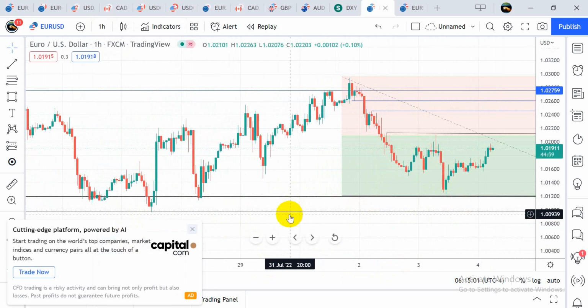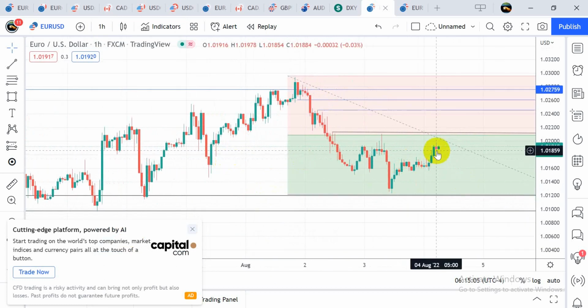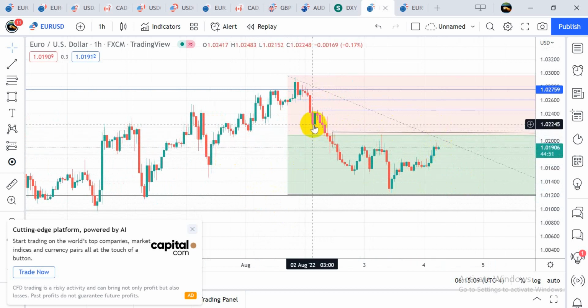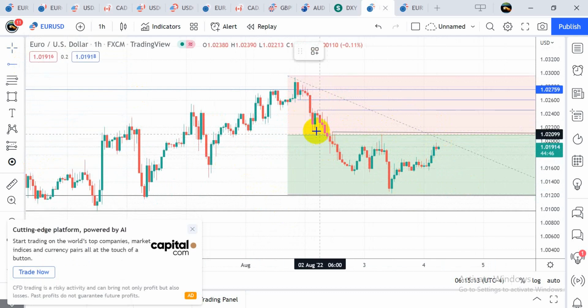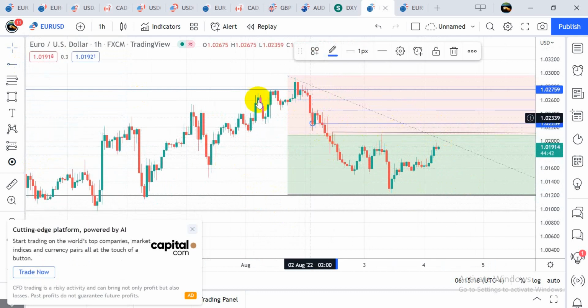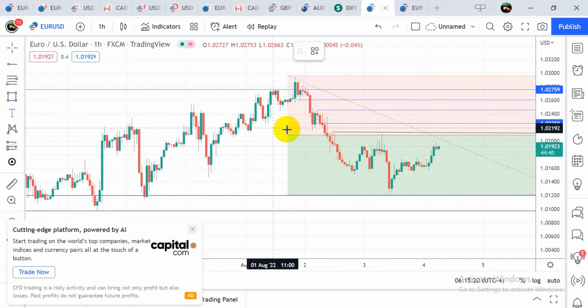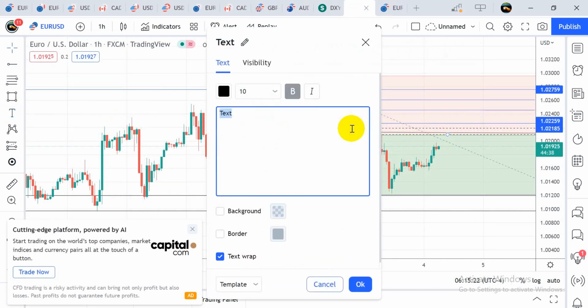That space here denotes the fair value gap on the daily time frame. So I really expect price to take out yesterday's high. You can see another block here, so potentially we can expect price to key off from this other block after taking every form of liquidity resting above these relative equal highs and above yesterday's high.